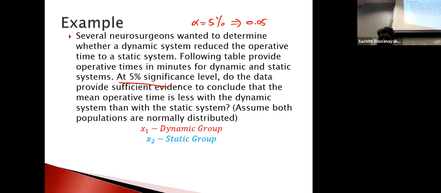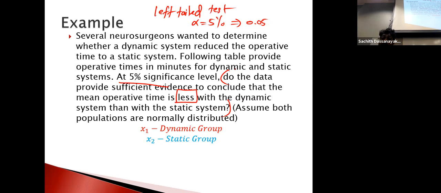So their claim is this one: do the data provide sufficient evidence to conclude that the mean operative time is less? Since it is less, this is a left tail test. So this is a left tail test.